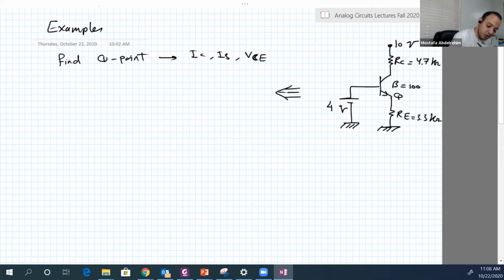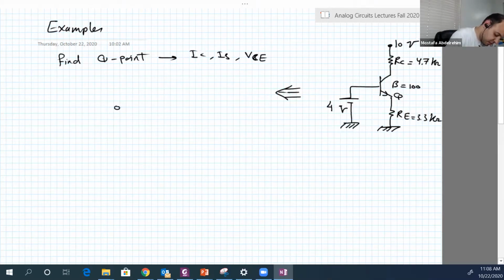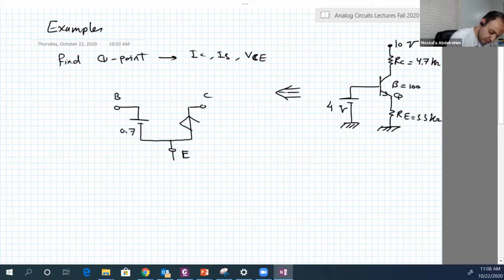So let's solve it. Before we solve it, let's first draw the equivalent circuit. So we have three terminals: base, collector, emitter. Between the base and the emitter, as we said, this small battery, 0.7, and here a current source, beta IB.